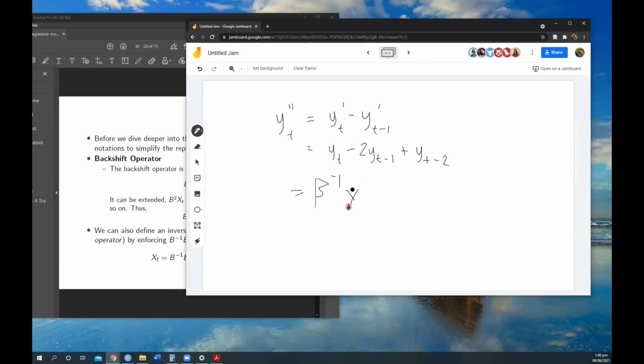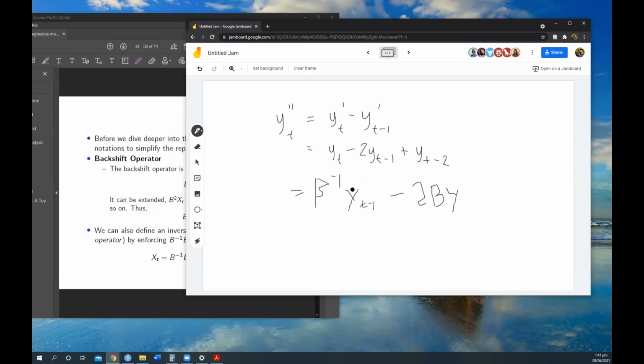Y sub t minus 1, Y sub t minus 2... Oh, no need to write the inverse, just the backshift operator.